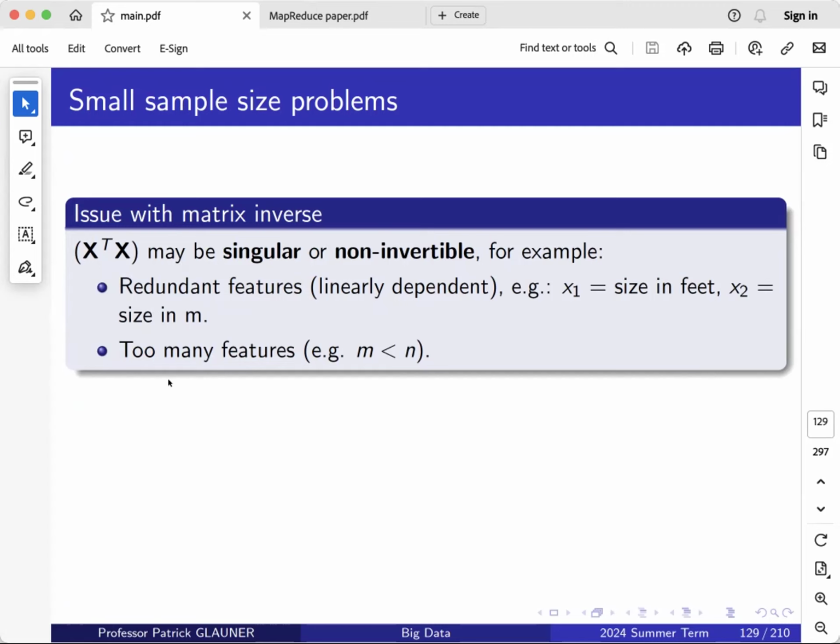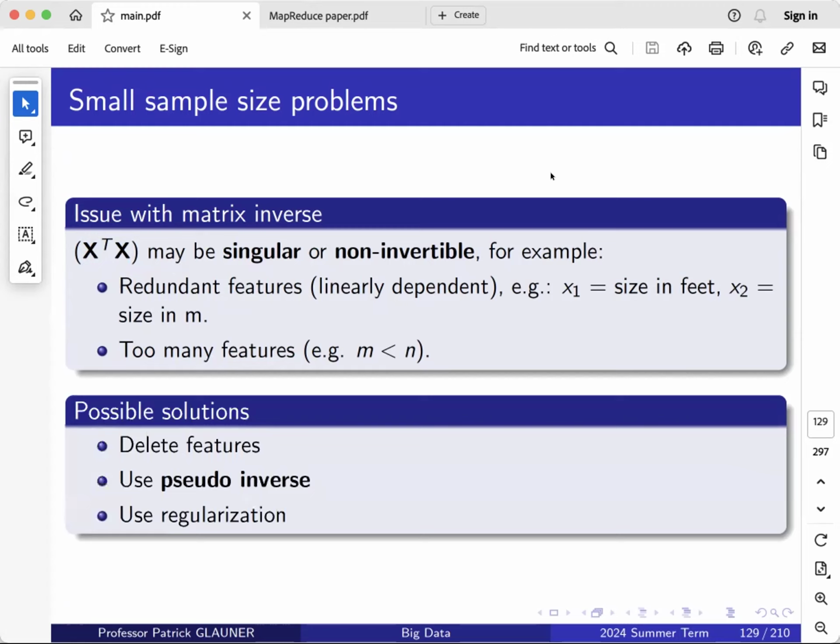This is just linearly dependent, and when you have columns in X that are linearly dependent, then eventually this product will be singular as well. So it's not just small sample size problems, there can be other reasons for that. And now, how can we fix this?